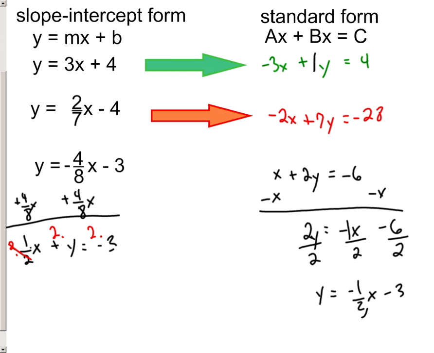It's a little bit different right here, but can't we just simplify this down to negative 1/2? Honestly, because 4/8 is the same thing as 1/2. So this x plus 2y equals negative 6 really is the true standard form of this slope-intercept form equation.